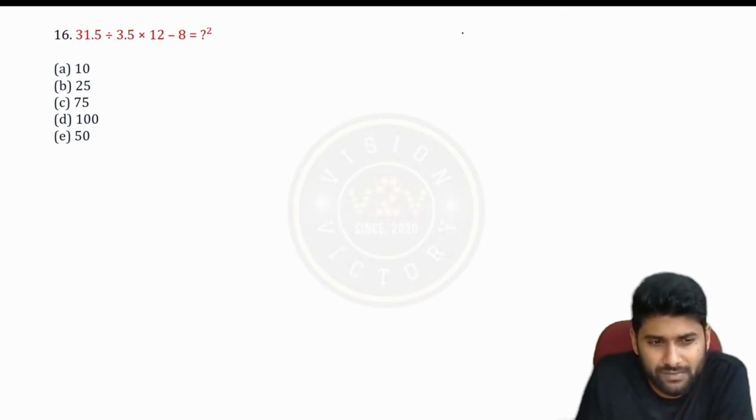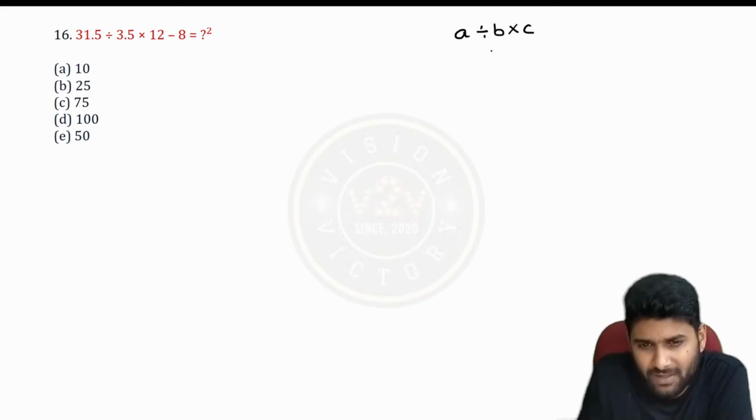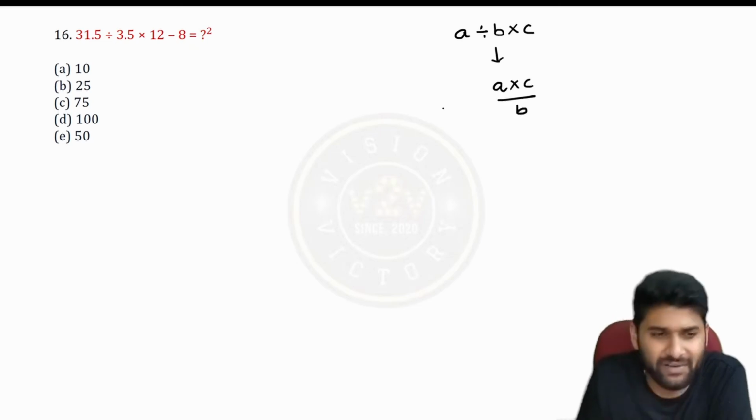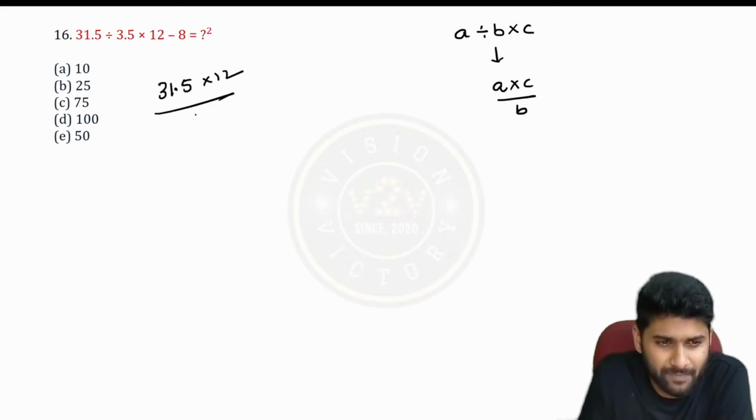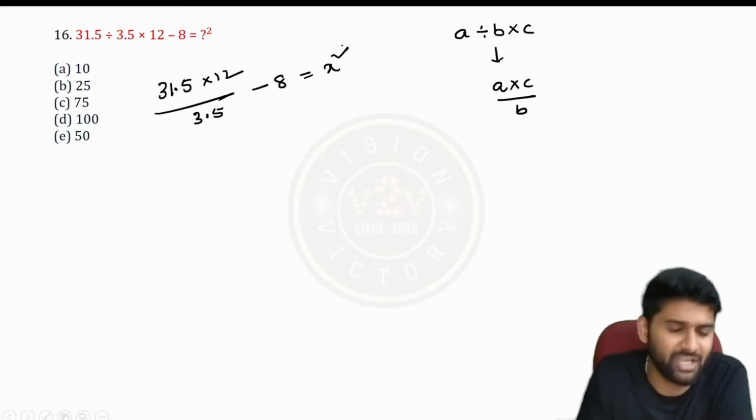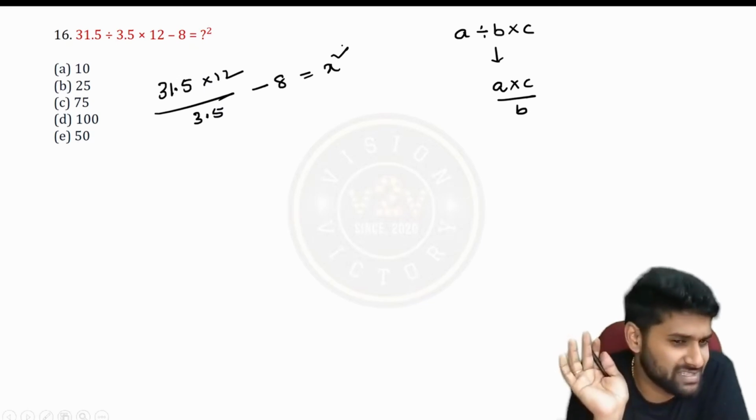Guys, a few students have a doubt on this particular calculation. So you can take this equation as A multiplied by C divided by B. So you can take it in this way. If you have any confusion, you can consider this equation in this way. Is it clear?